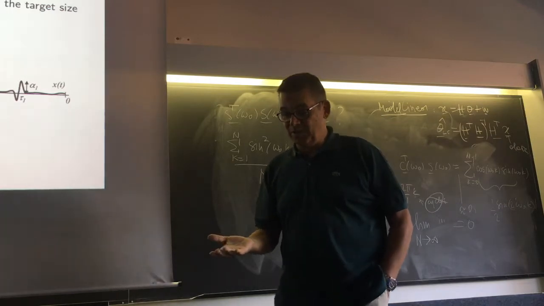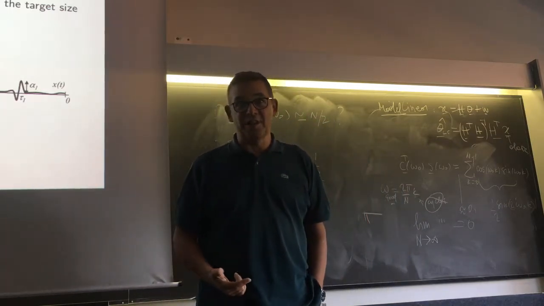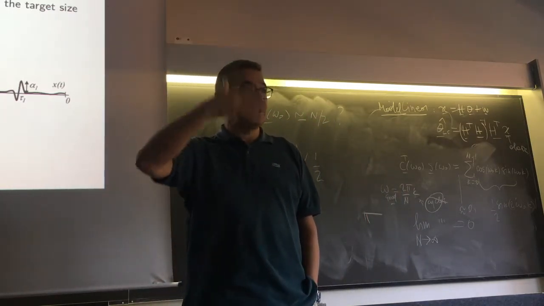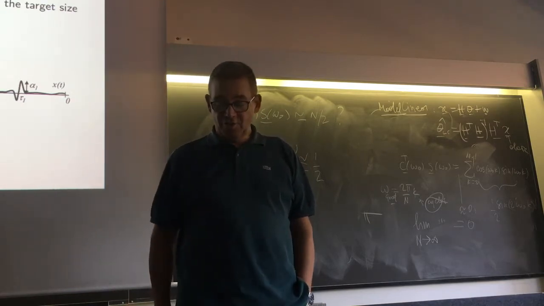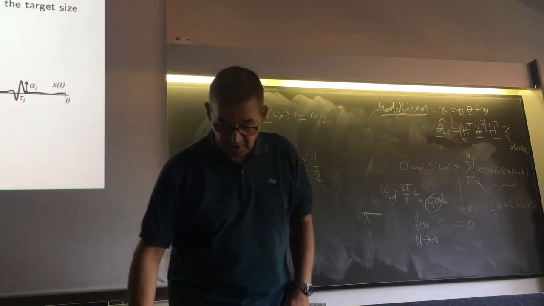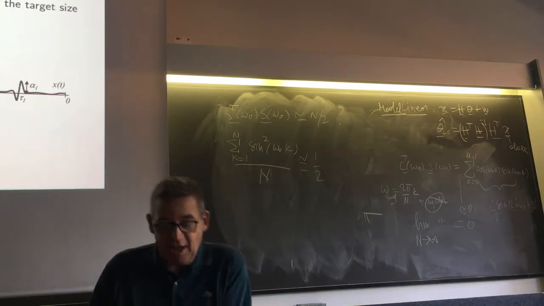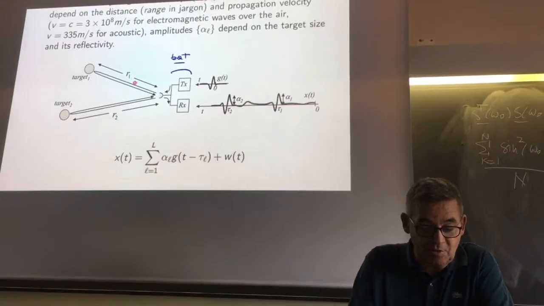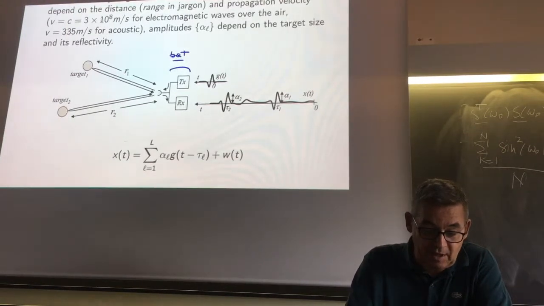So, the principle is the following. That person is generating a signature, whatever the signature is. So we have a g of t, which is generated. Now, the signature is propagating, so there's a wave that propagates.